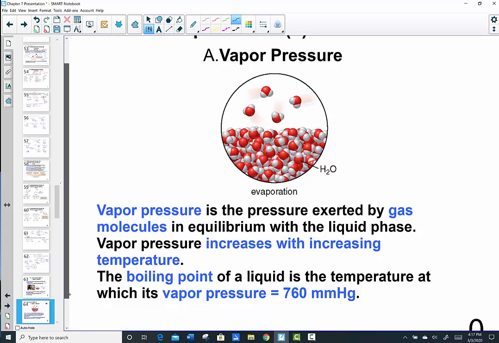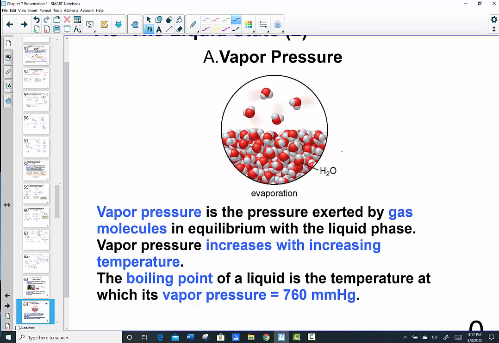In the liquid state, there is a dynamic equilibrium between the liquid phase and the gaseous phase. And when you see a vapor pressure, just think about that gas pressure pushing down on the surface of the liquid. The vapor pressure is defined as the pressure exerted by the gaseous phase on the surface of its liquid. Now, think about that.